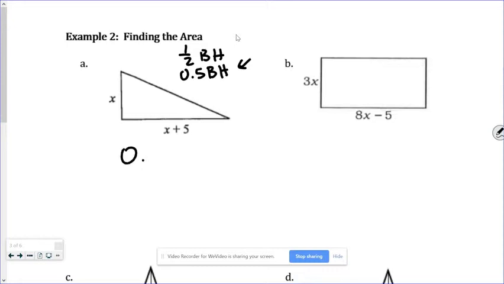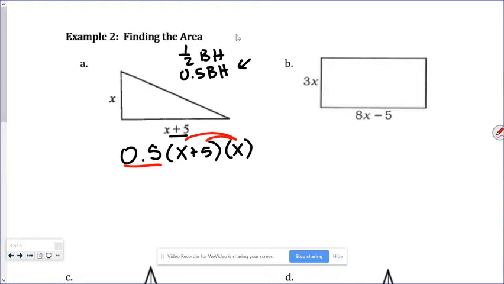Okay, so I have 1/2 base, that's here. So x plus 5, and then times x. Okay, so what I'm doing here is I'm going to worry about this 0.5 last. First thing I'm going to do is multiply these here. What I'm doing is distributing the x to both.